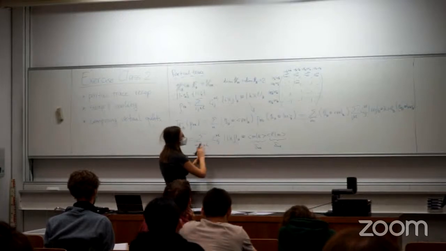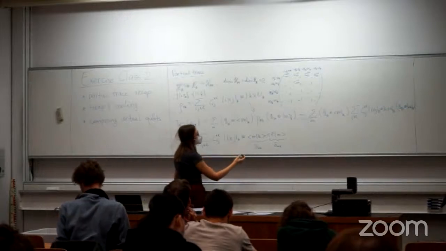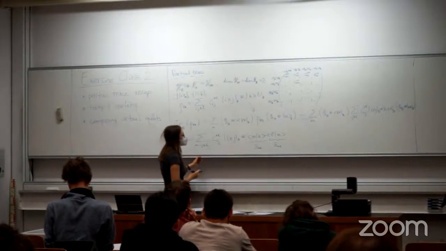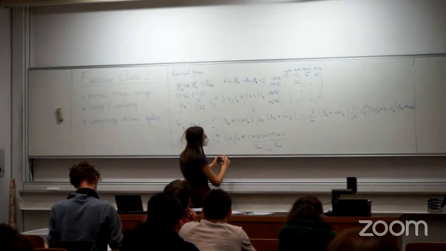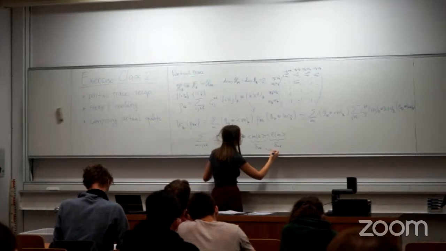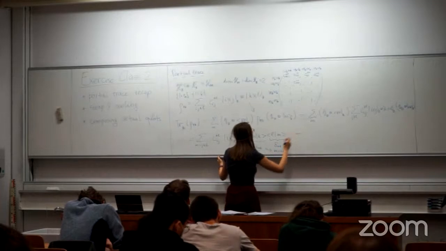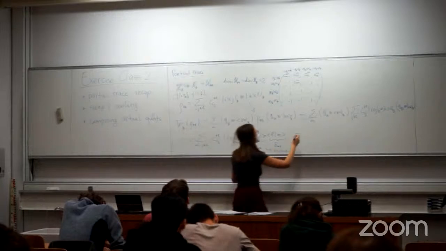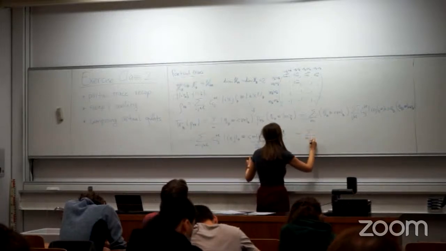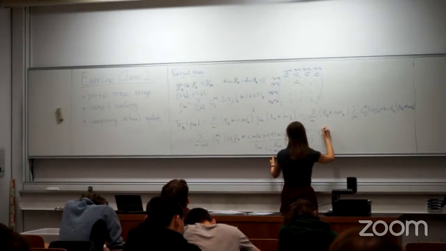This means that the elements of the sum are non-zero only if M equals K and also M equals L. So we conclude that the only non-zero elements of the sum are those for which M equals K equals L, which effectively allows us to write this as the sum over M, I, J of C_MIMJ on A.